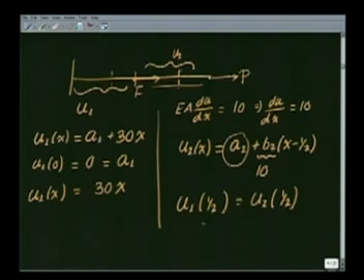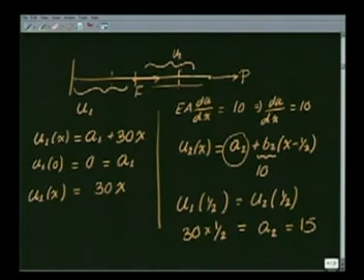So this is going to give us 30 into half is equal to directly a2, which is equal to 15. So u2 becomes 15 plus 10 into (x minus half), and u1 becomes 30x.